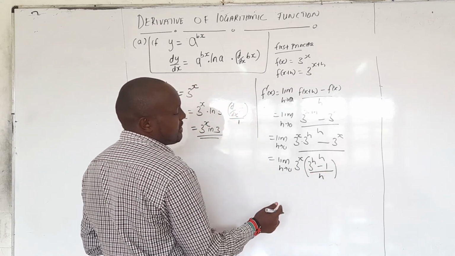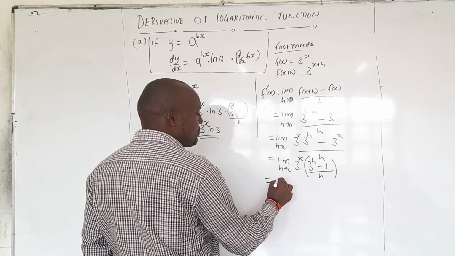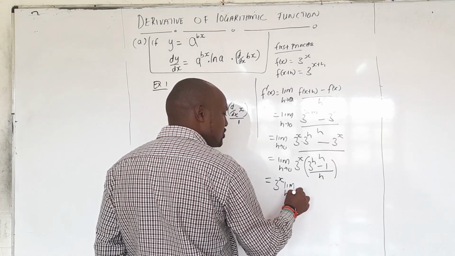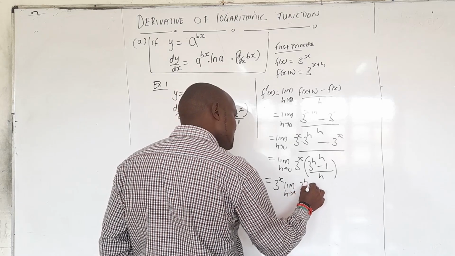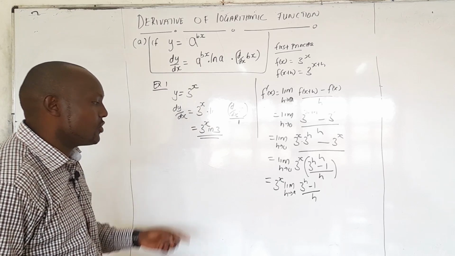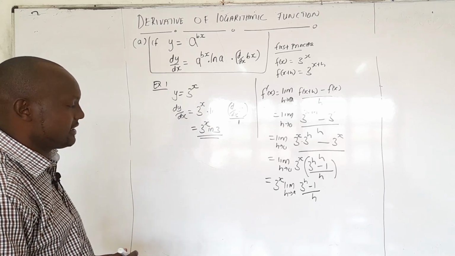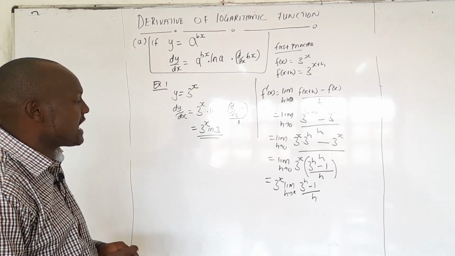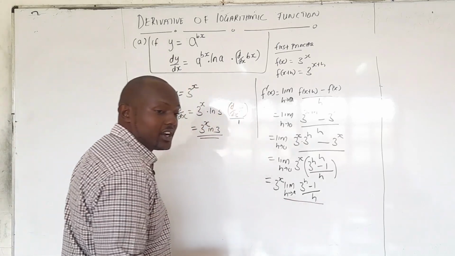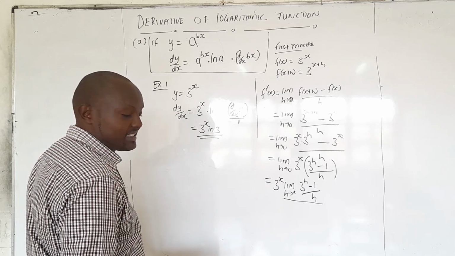And since this one is a constant, we'll have 3 to power x times limit as h approaches 0 of 3 to power h minus 1 all over h. And you realize this one, you get the natural log of 3, the natural log of that constant 3. That one, you tackle when you will be handling limits.